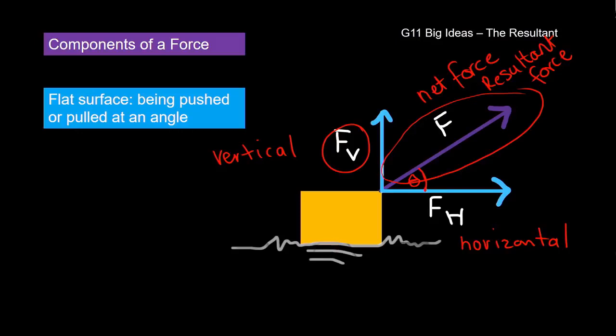And likewise, if we've got the knowledge of the horizontal force component and the vertical component of force, we can put them together to find the resultant force or the net force acting in this case.